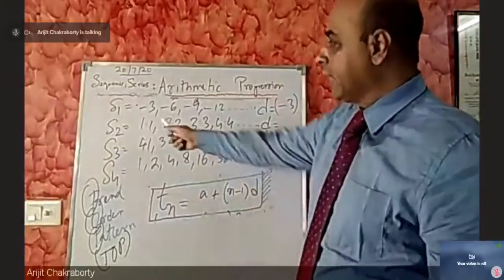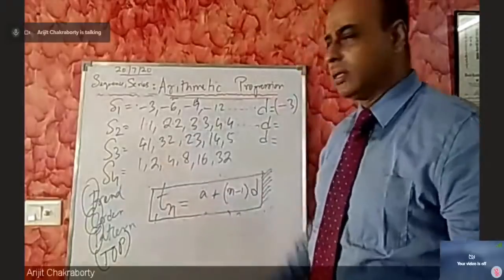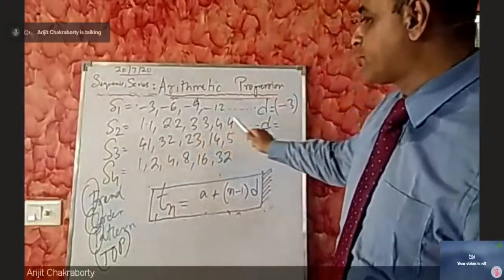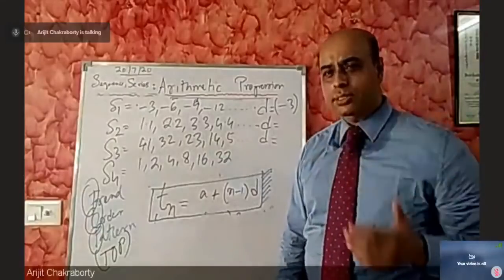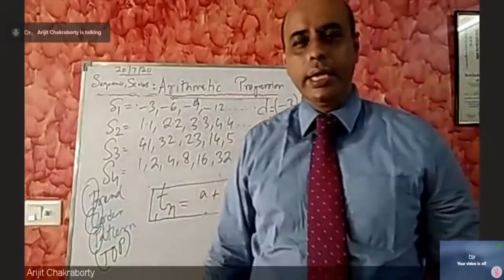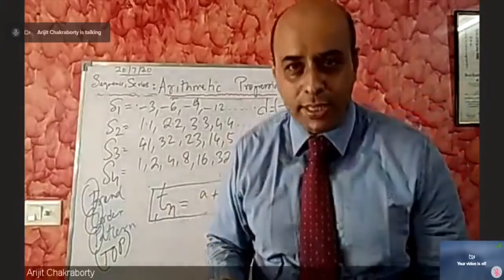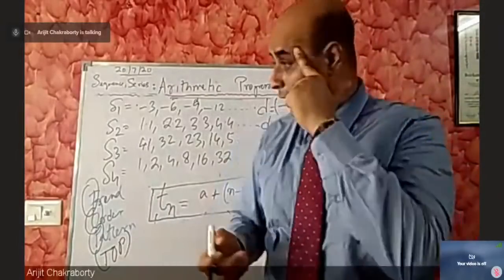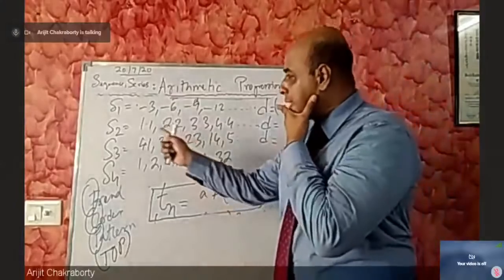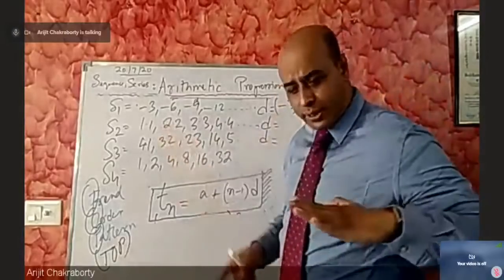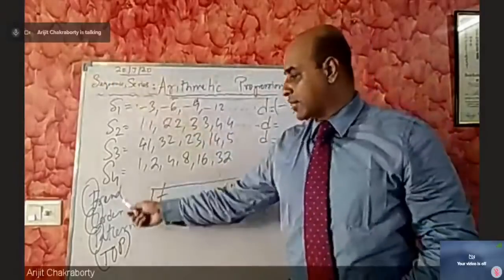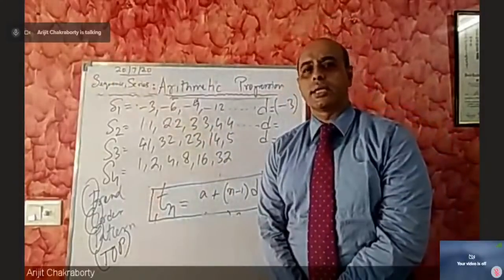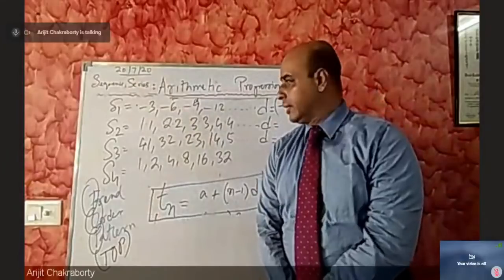Fine. The next one, 1.1, 2.2, 3.3, 4.4. Is it a sequence? Yes. Is it an arithmetic sequence? Okay, let me see. Is it a sequence? Yes, because it is increasing. 1.1, 2.2, 3.3, 4.4. There is a pattern, there is an order, there is a trend. Fine.